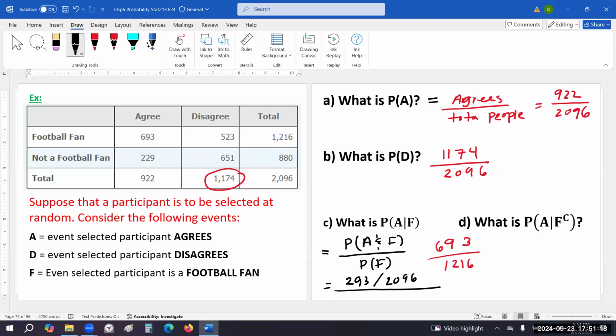But I feel like 293 and 693. And also 693. That's total. So what's the probability? I'm just doing the probability of this. What's the probability of agree and football fan? So it's agree and football fan divided by total people, right? The individual one I'm talking about.